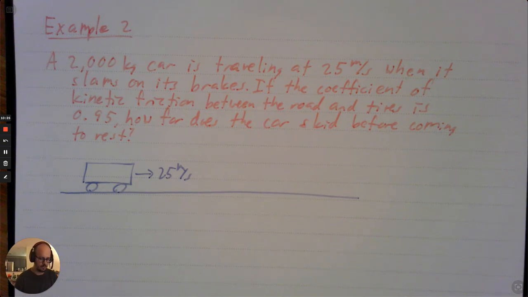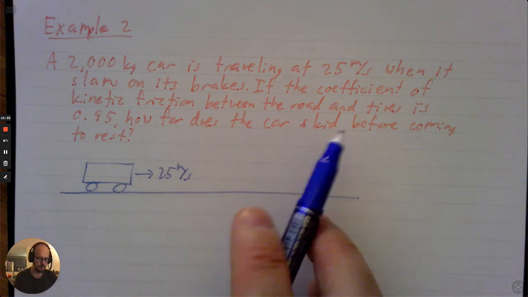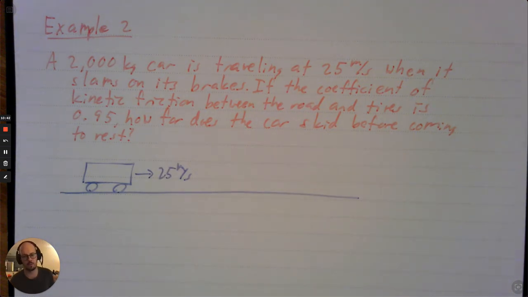We'll talk about rolling a little bit. When tires are rolling, it's actually static friction that's acting, and it's the static friction that provides the force on the tires that propels the car. So when the person slams on their brakes, assuming they don't have anti-lock brakes, which most cars do these days, the tires are going to lock and the car is just going to skid.